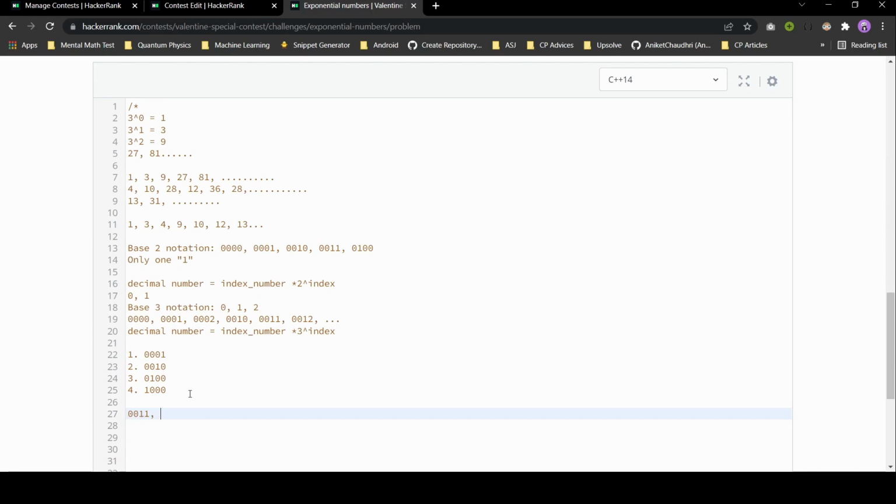Then I take some other combinations. Like I can get 1 and 3, if I add, I will get this. Then 1 and 4, if I add, then I will get this, and many such combinations. And similarly you can take some 3 numbers and add.